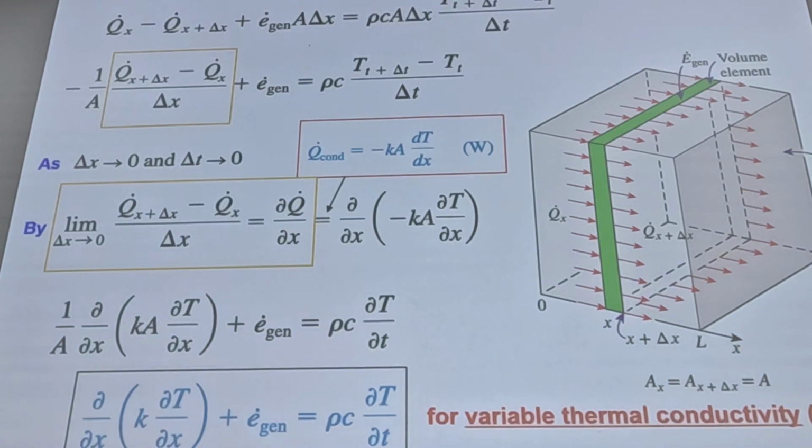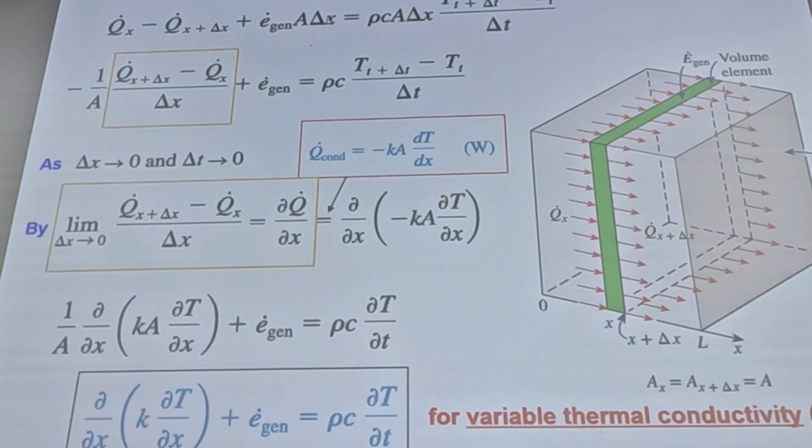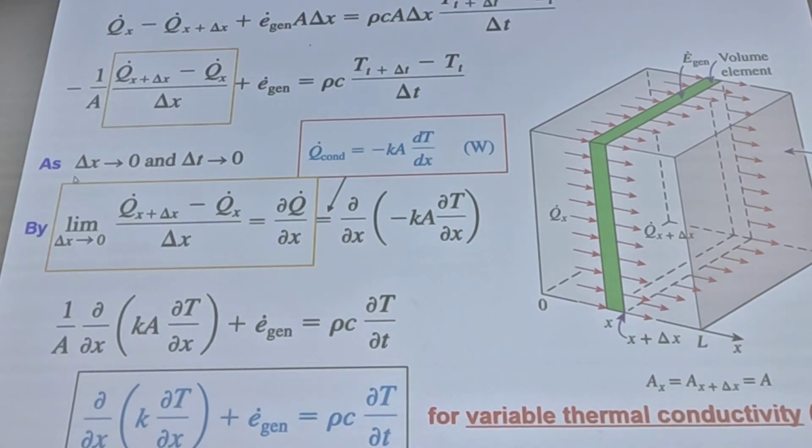Okay, so it also starts from the conservation of energy, so you can see what you get here. Your energy in and out, and then it puts them together. The heat generation is a volumetric phenomenon, so it's your A times your delta x, so it's a volume concept. And it is the same as the internal energy of the element we just discussed. Then consider when delta x is approaching 0, a very small displacement, and the time limit goes to 0.